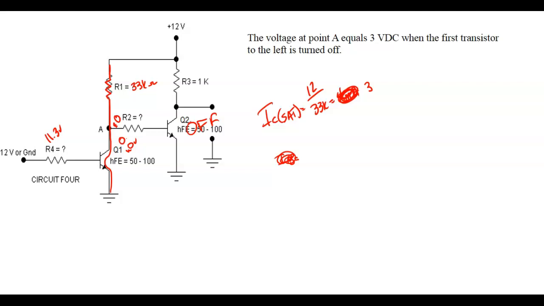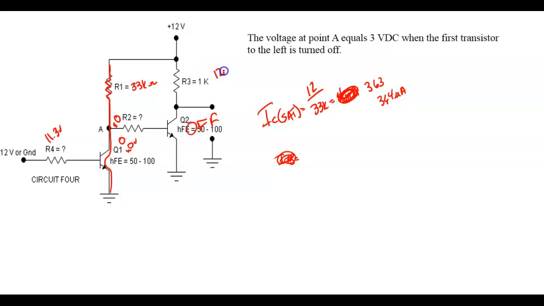So what we're doing now is trying to saturate Q1 so we can turn this guy here off. We calculated the current. We know this guy over here has got to drop 12 volts instead of 9 volts. So we calculated the saturated collector current to be 12 divided by 33K, and what did we get? 363.6 micro. 363 or 364. 364 micro.